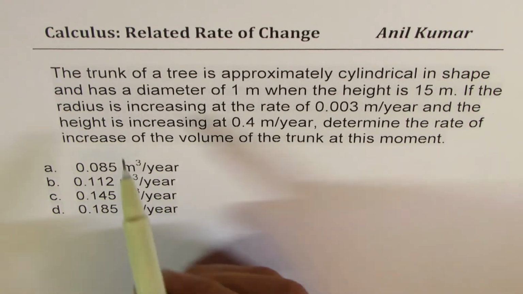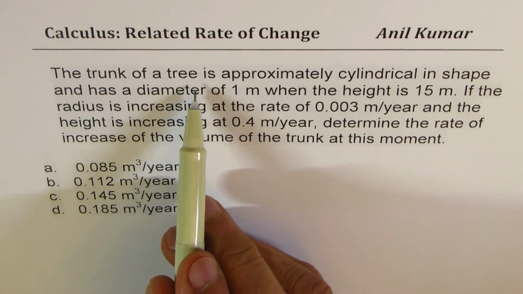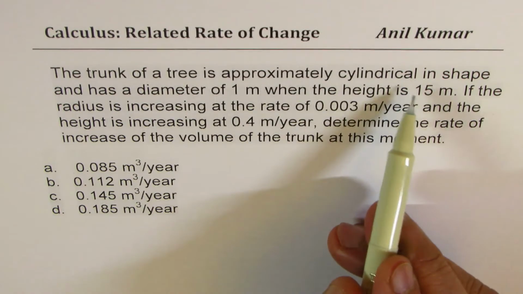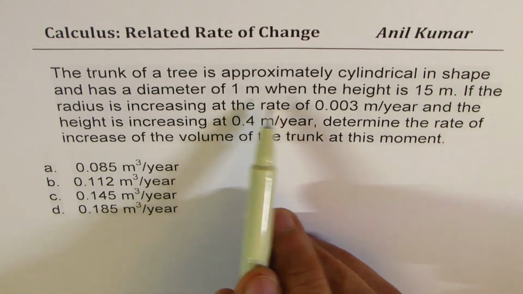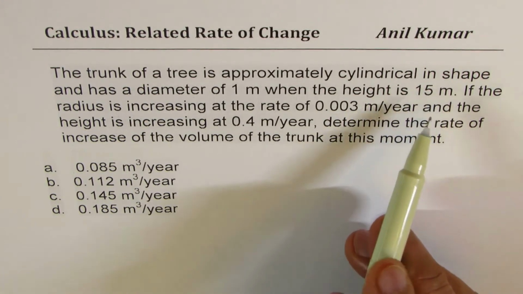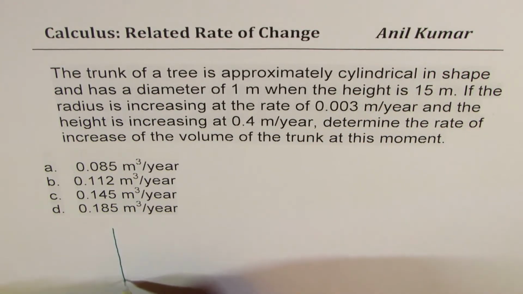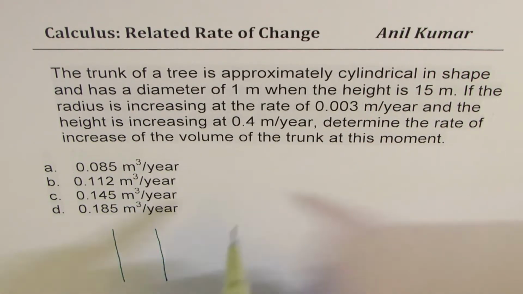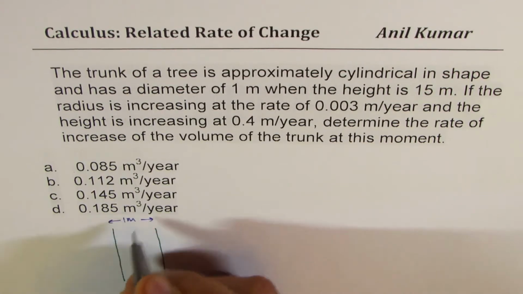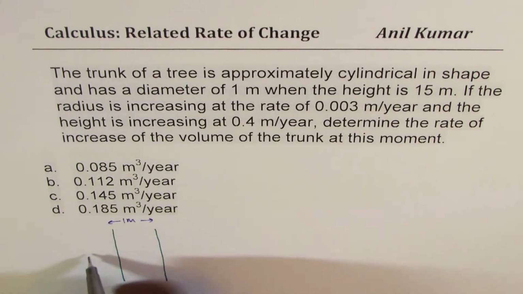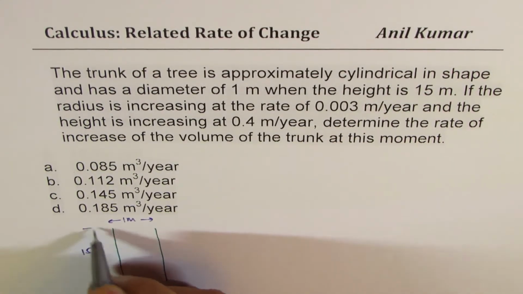It says, the trunk of a tree is approximately cylindrical in shape and has diameter of 1 meter when the height is 15 meters, right? So let's say that's the tree. Now we have diameter of 1 meter in this particular case. Let's say 1 meter is the diameter at some instance of time, and the height is 15 meters.